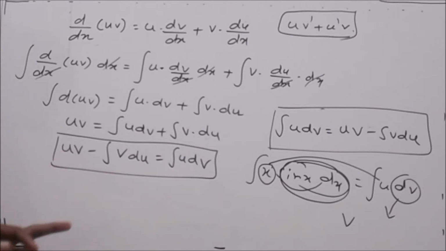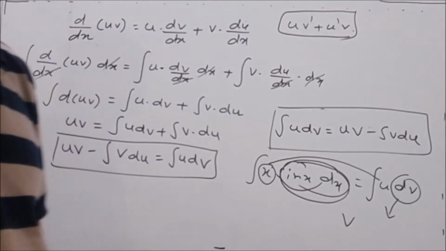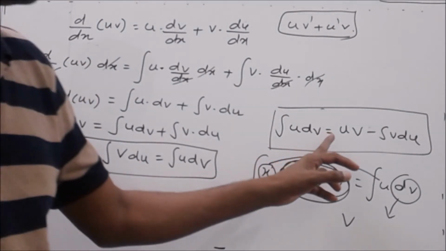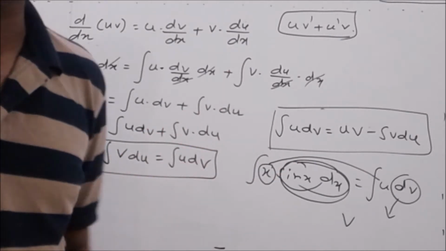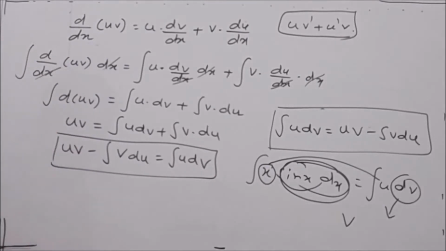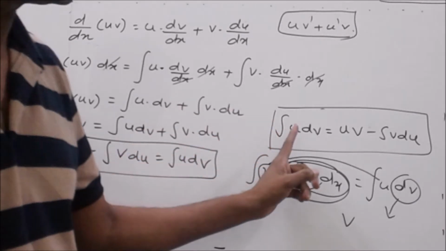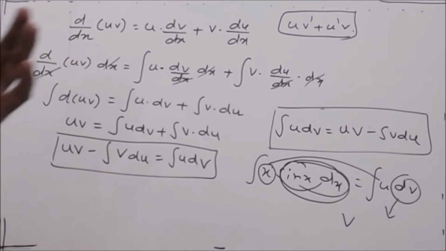Add this formula to the list: integral u dv equals uv minus integral v du. Add one more formula, the Bernoulli formula. These two are applied throughout exercise number 2.5. So this is very important. Integral u dv equals uv minus integral v du. When is it applicable?